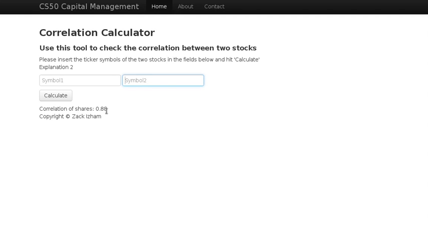So it's something you should take into account when you're buying shares, to make sure your shares are not correlated. The calculation actually works by taking historical data of both the shares and calculating how they move with respect to each other. You can have a look on Wikipedia to see how it works. Let's move over to the next part of the tool.